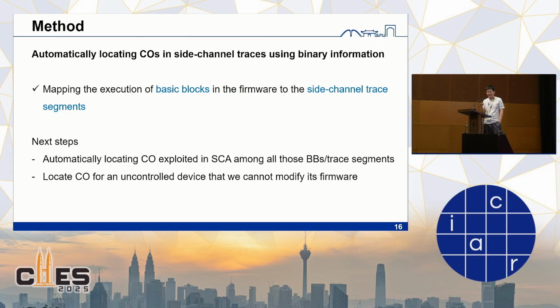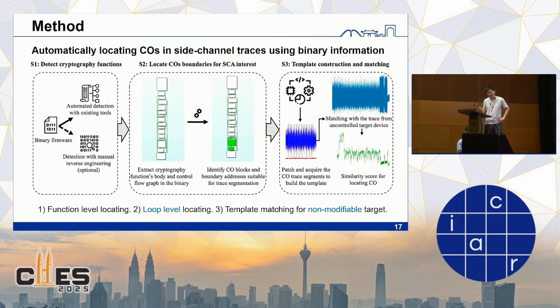But actually, there are many basic blocks in firmware. We still need to distinguish the cryptographic ones from the others, and we also need to perform it in a profiled attack way, like we need to locate the CO for an unmodified target. So this process is also roughly broken into three steps.